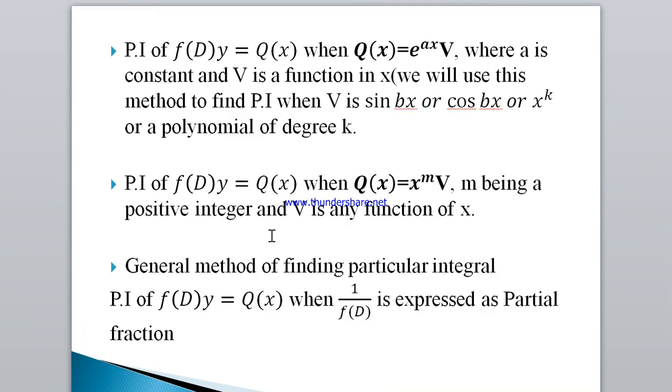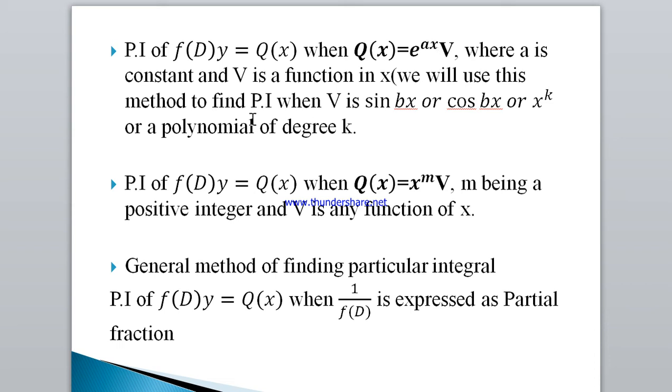Next we have three more cases: the particular integral of f of D into y equals Q of x when Q of x equals e power ax into v, where a is a constant and v is a function of x. So the fourth case for the particular integral is Q of x equals e power ax into v, where v is a function of x, but it has a condition.